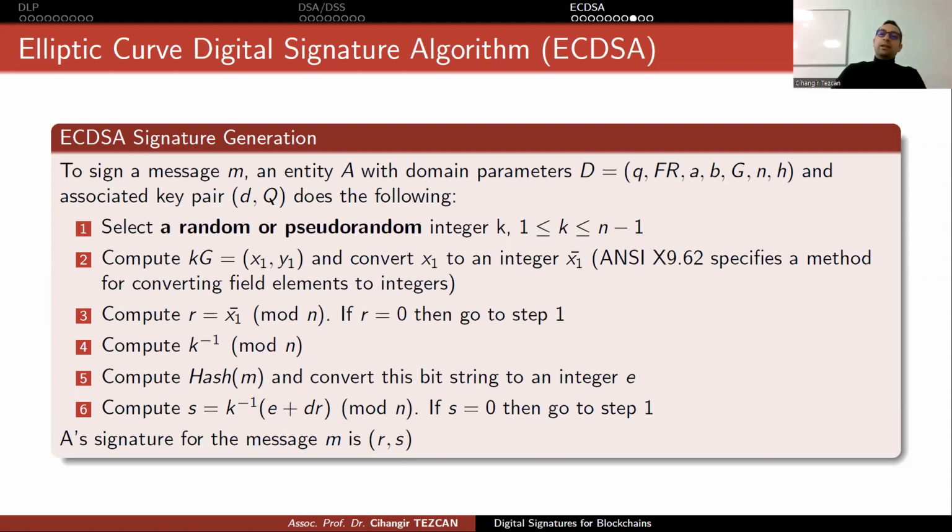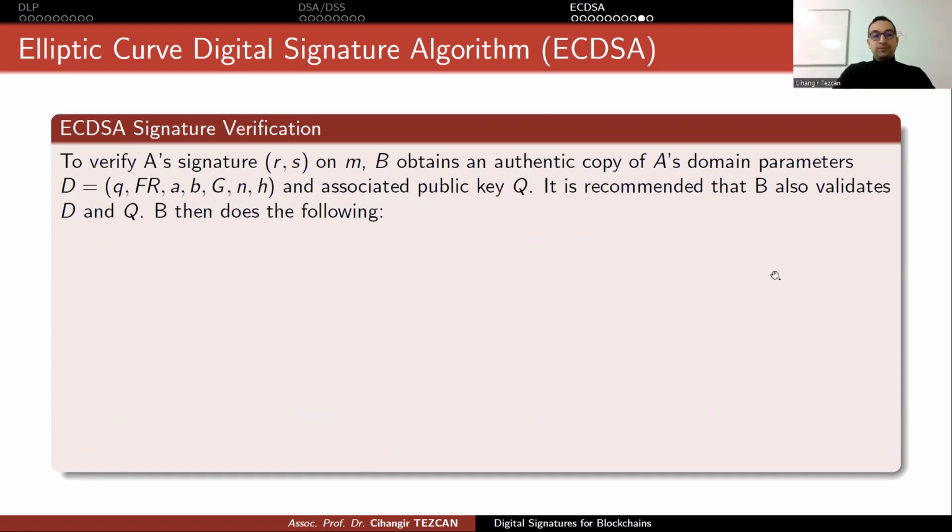If the signature is correct, then if you are a miner, actually the pool verifies that the signature is correct, then it gives the miners this transaction so that they can include it in the mining process.